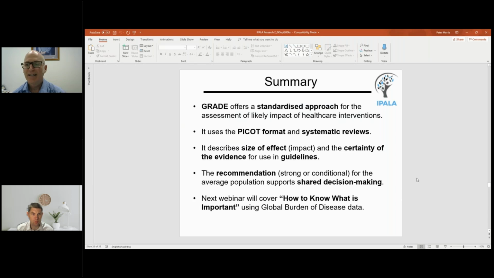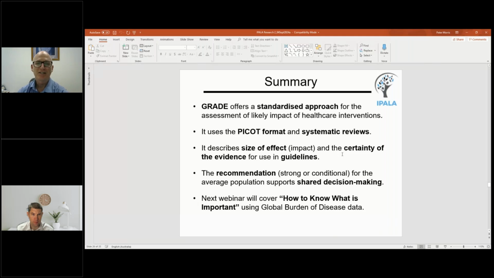So in summary, the GRADE approach offers a standardized approach for the assessment of likely impact of healthcare interventions. It uses the PICO format for questions and systematic reviews. It helps you describe the size of the effect, the impact, and the certainty of the evidence, which can then be used to help develop guidelines.